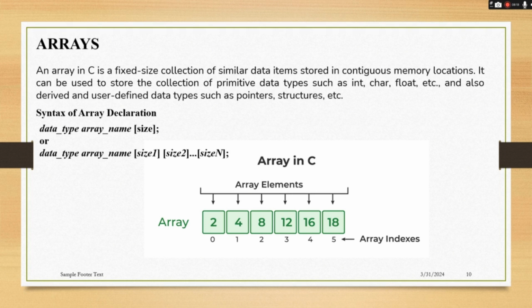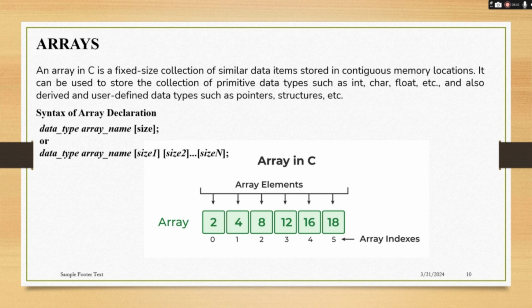The syntax of the array is data type, array name, and the size given in the brackets. You can see in the image how the array will be stored in memory.